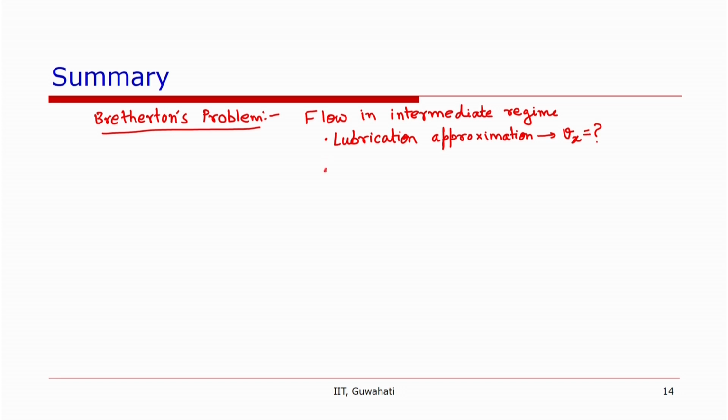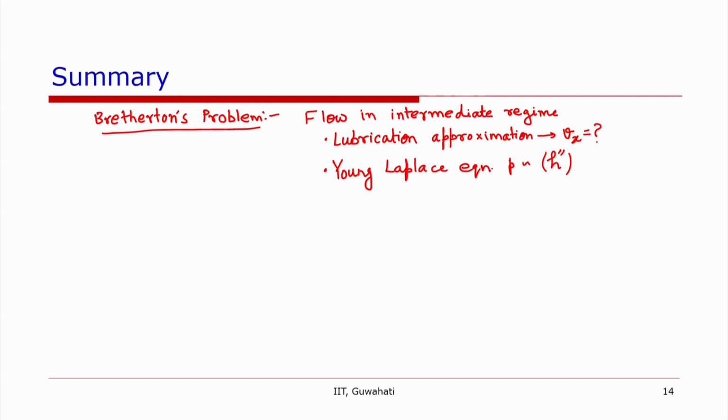Once we have obtained this, this was in terms of dP by dx, and we obtained an equation from the Young-Laplace equation. The Young-Laplace equation had pressure and H, or H double dash, correlated, because one of the curvatures can be approximated as the double derivative of the film.